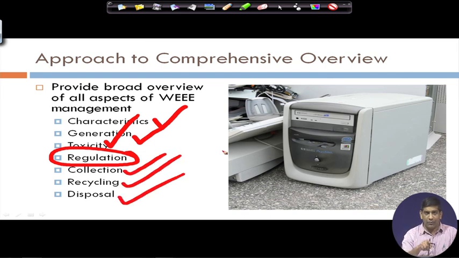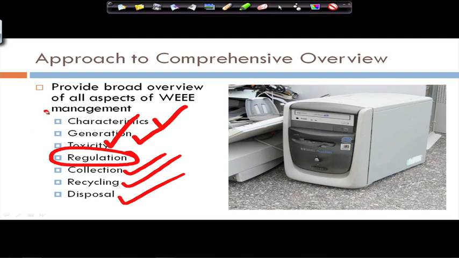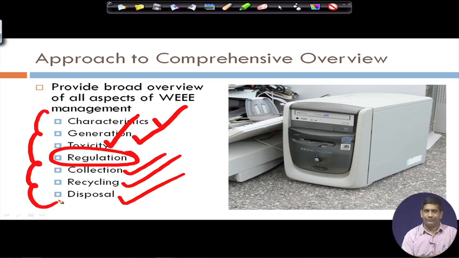If you remember from your MSW classes, municipal solid waste, we did the same thing for MSW as well. We started with the same kind of stuff, looking at the characteristics, looking at the generation, whether it is a hazardous or non-hazardous waste. For any waste management, this is kind of the basic. First, you need to know how much is being produced, how bad it is, what the harmful components are, how to manage those harmful components, and what regulation says about that.